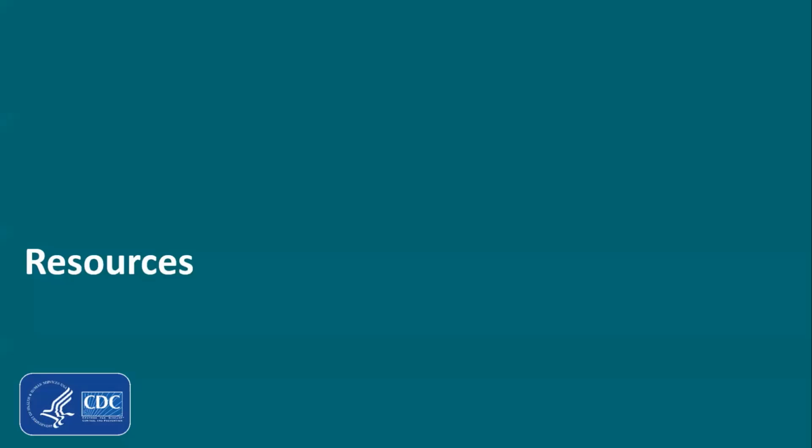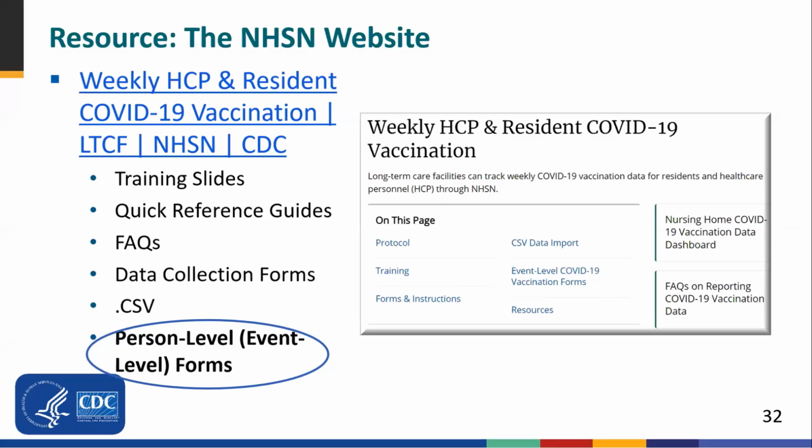We will now review how to access the additional resources that are available to facilities. The long-term care component website contains links to a variety of training materials, including quick reference guides, training slides, and information on CSV upload. Please note that the updated CSV materials for the person-level vaccination forms are now posted on the NHSN website.